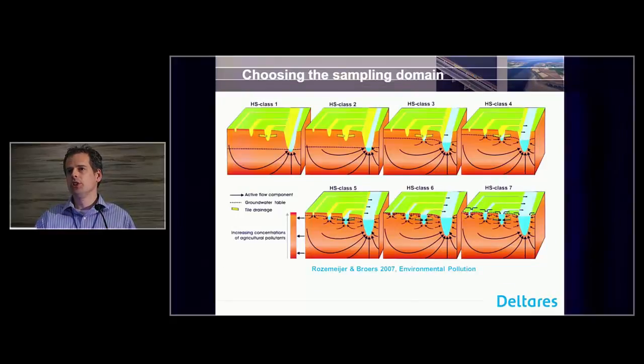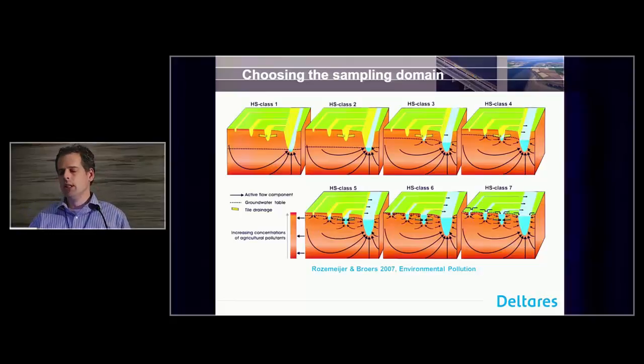Putting that towards a bit larger scale, we think that surface water can also reflect the groundwater composition, as long as you still have a connection, of course, between groundwater and surface water. So during dry conditions, we discharge the deeper groundwater, and surface water resembles deep groundwater quality.